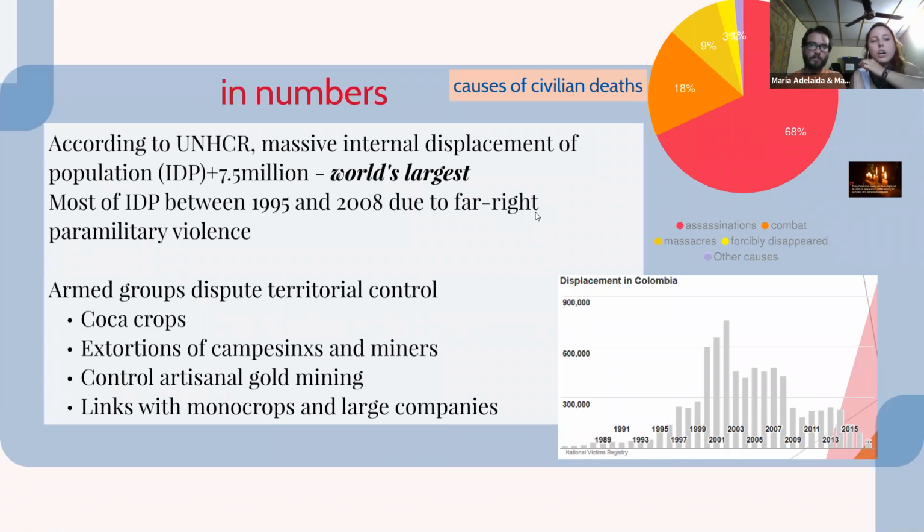This armed conflict is increased by the coca crops and cocaine exportation, and the control of mining, especially artisanal gold mining, and the links between the monocrops and the large companies.